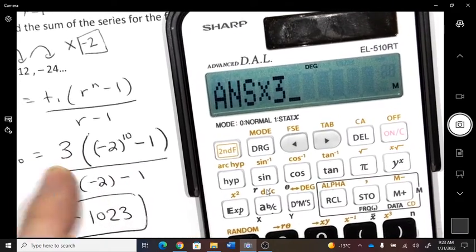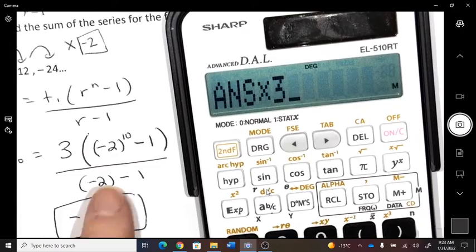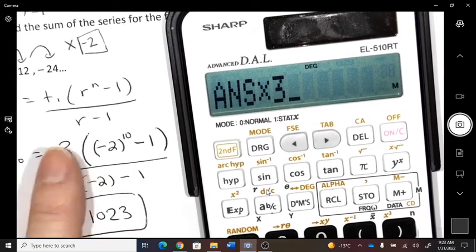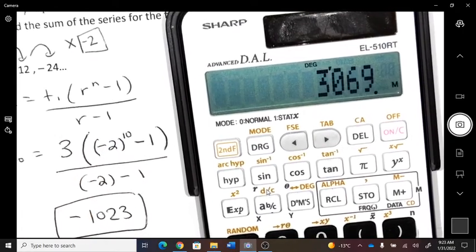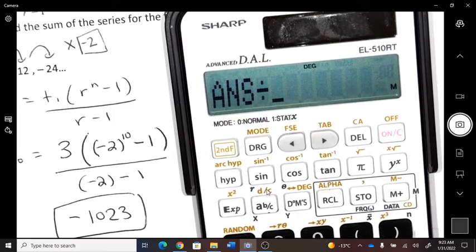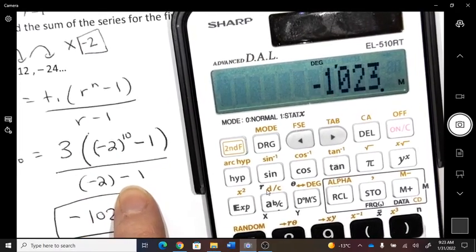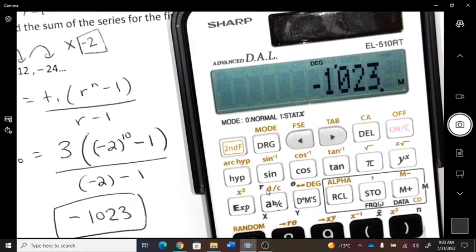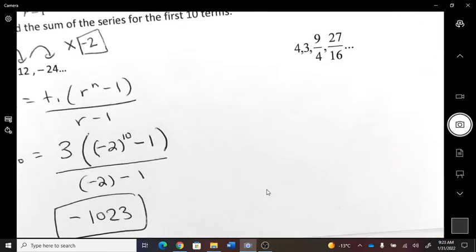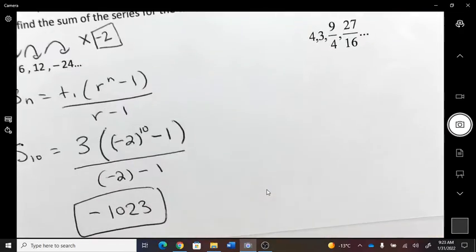I'm just doing them in my order because I know my order, right? I did the exponent, the bracket, then the times by 3, and then I divided by, and then I just figured out the bottom. Okay? So if you don't like typing it all in once with brackets, if that's going to make you mess up, do things separate and then think about the order.